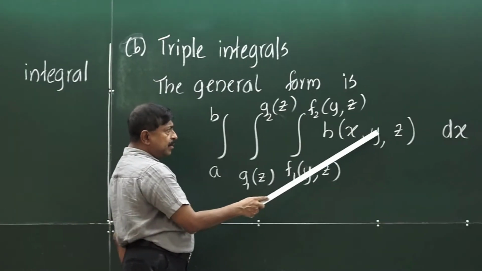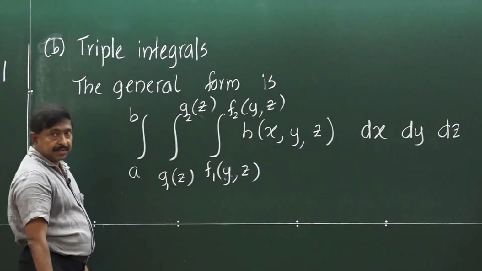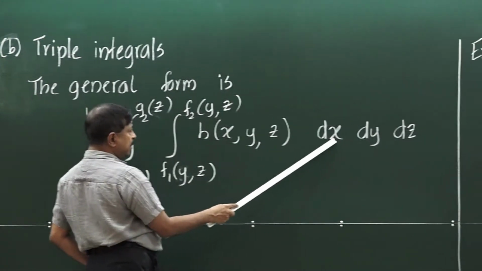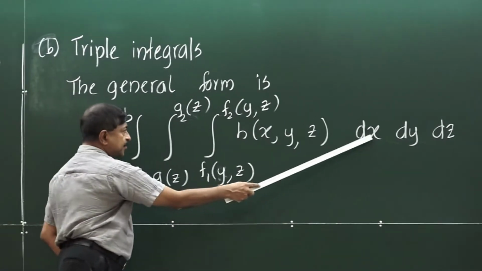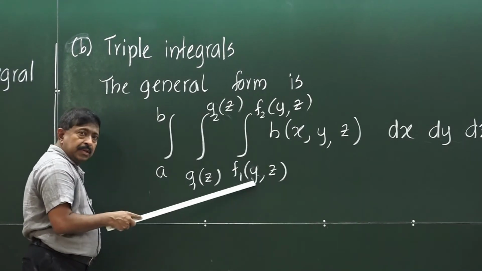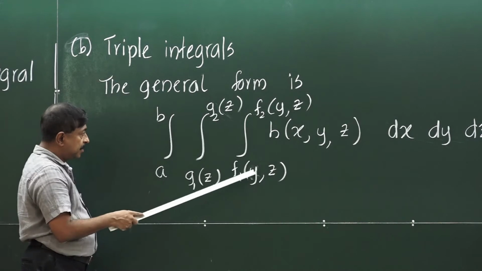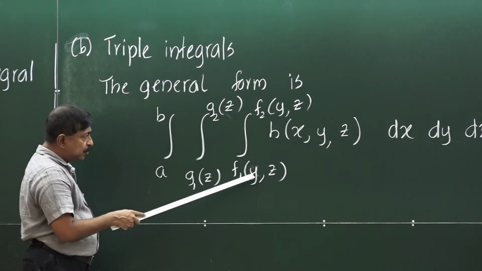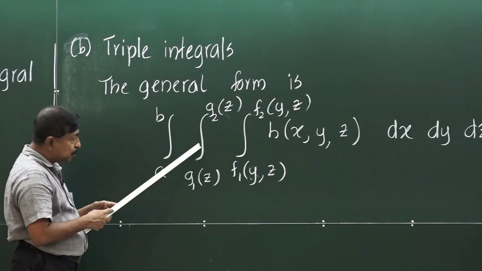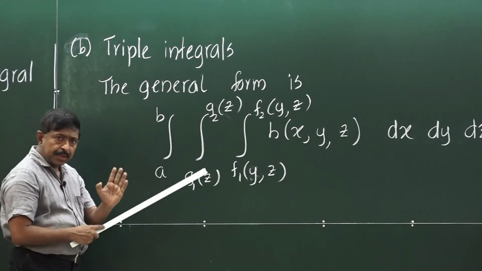The integrand might consider all three variables. We will consider only this form. When dx, as x stays as the first variable, you can have the limits like this. They may carry both y and z. When you go to the next level, now the variable x has already been considered.